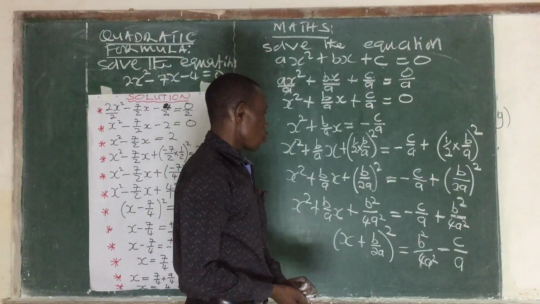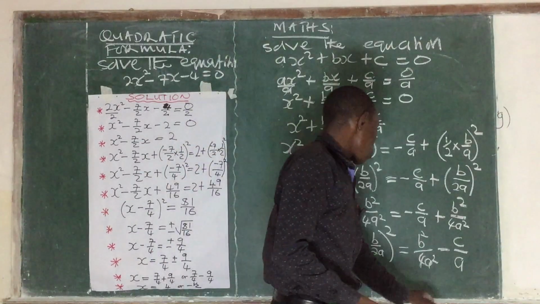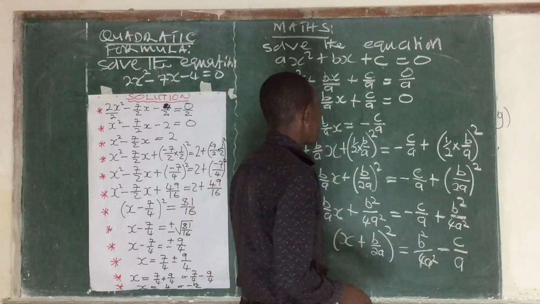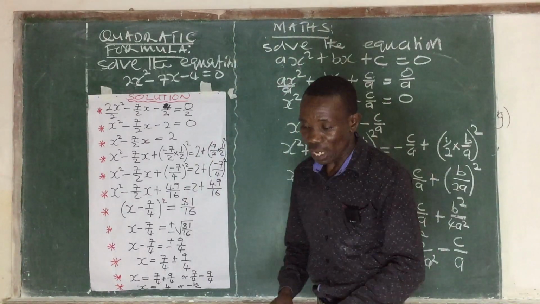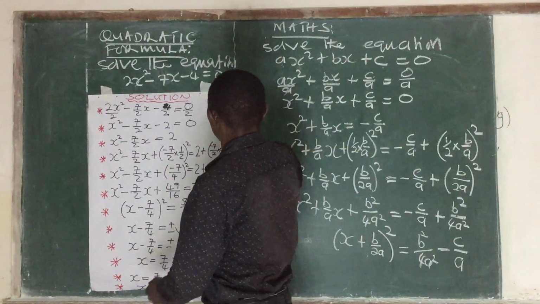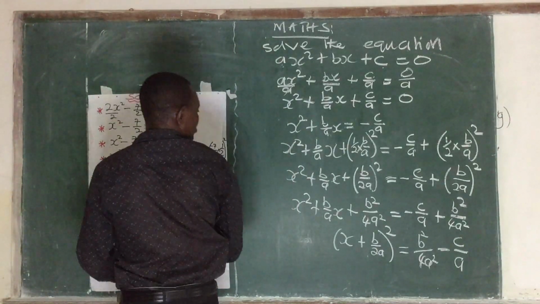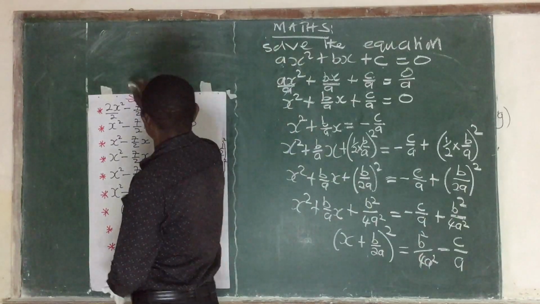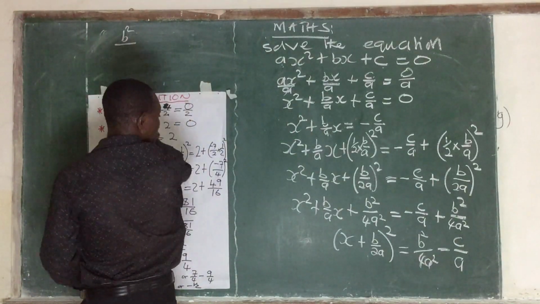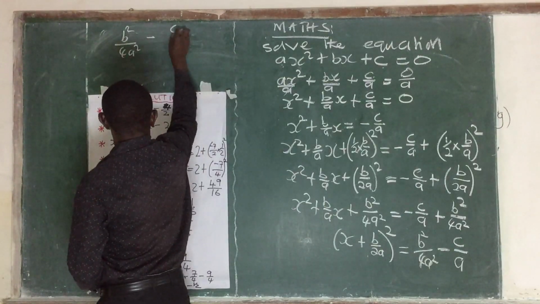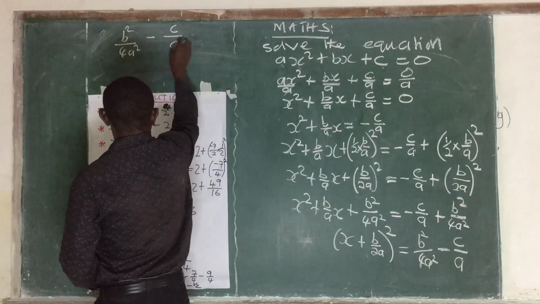Right. So if you can try to solve that one separately, you'll be able to obtain something that looks more like this. Let's do it together here. Look here, what we obtain here. For this part, we have got b squared over, that is 4a squared. Now is minus c over that is a.